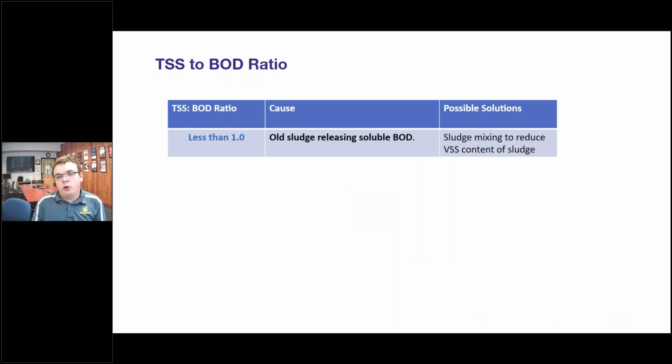So for a lagoon system, one parameter that's commonly used is the ratio of total suspended solids to biochemical oxygen demand, and that can have a few different scenarios. The first is you can have this ratio be less than 1, and that typically means that the sludge layer you have is releasing soluble BOD into the waste environment.